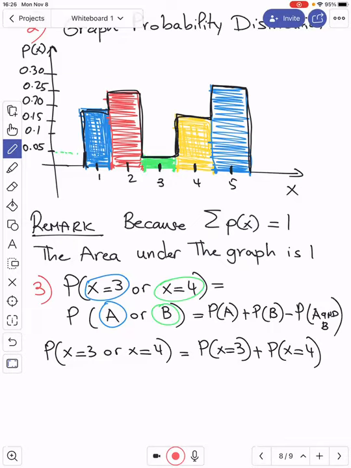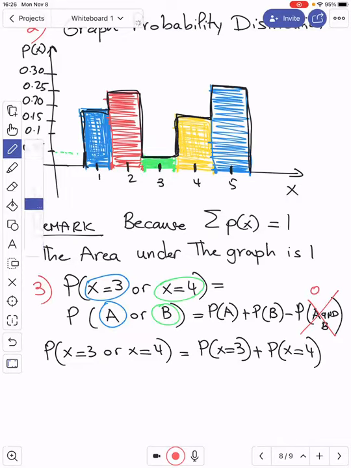But X cannot be equal to 2 different values, right? Either X is 3 or X is 4. It cannot be equal to both, right? That's not possible. So this is just 0.